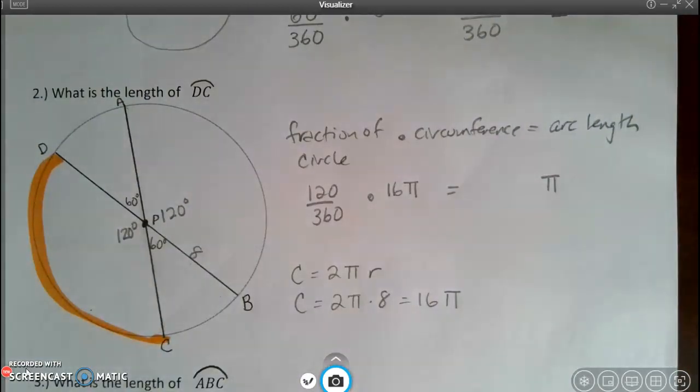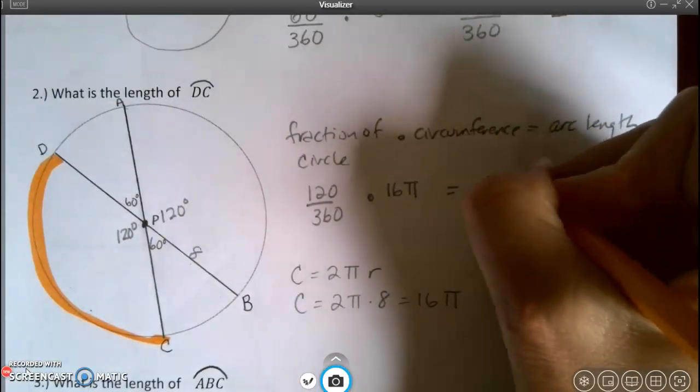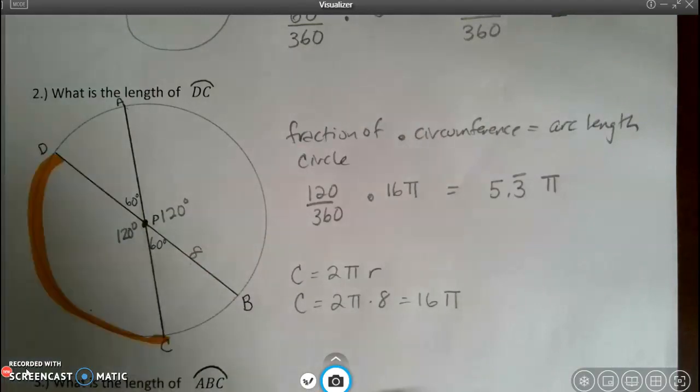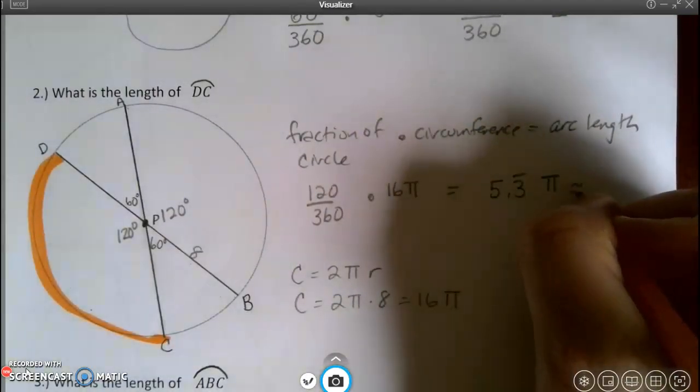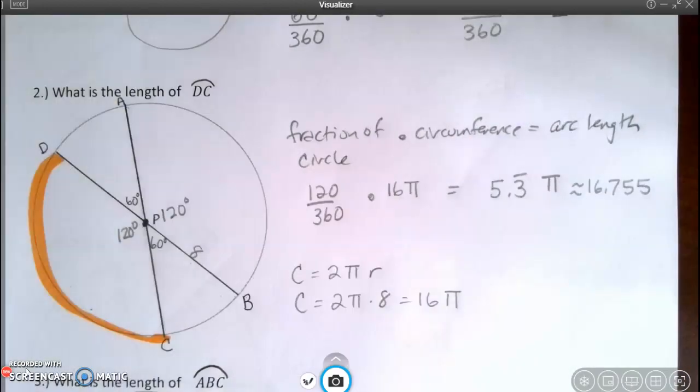So using my calculator, I'm going to take 120 times 16 and then divide by 360, and I get 5.3 repeating pi. If I want to multiply that out, my arc length is approximately 16.755.